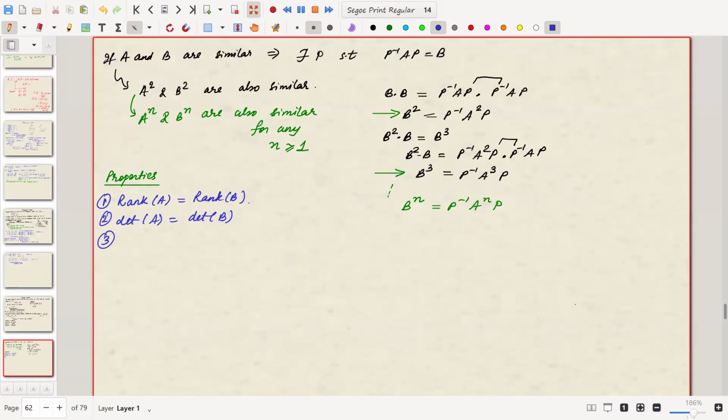That means the set of eigenvalues of A is the same as the set of eigenvalues of B.